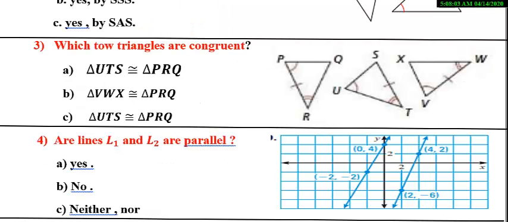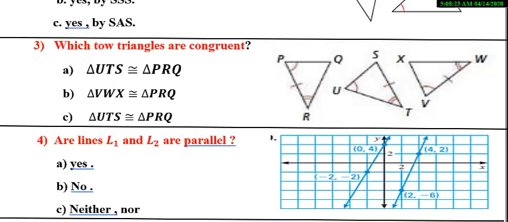Moving to the third question, which is: which two triangles are congruent? The question gave me triangles BRS, PRQ, SUT, and XVW. And the question asked me which two triangles are congruent according to the given information.